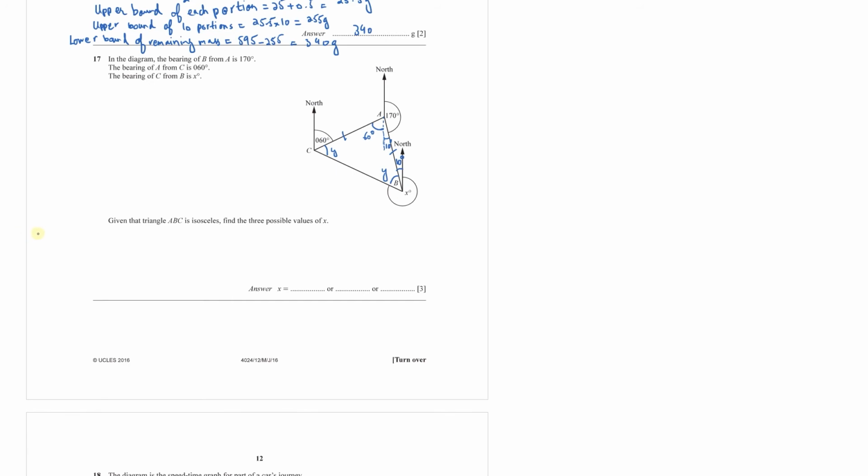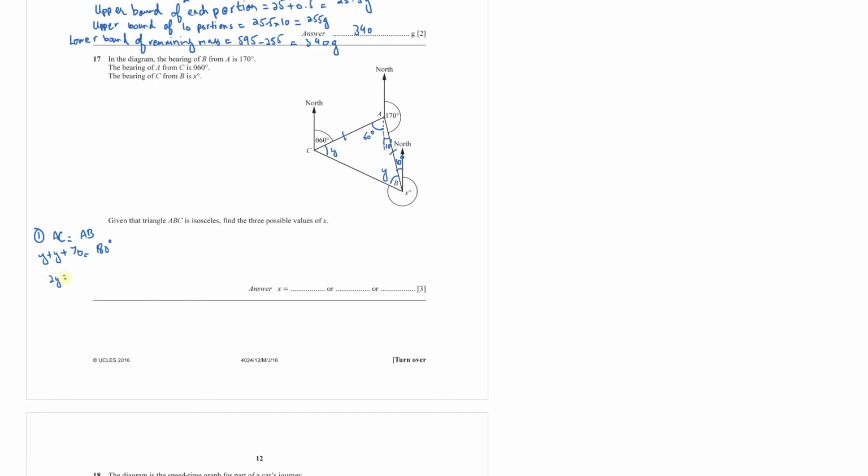Now the first case is when AC equals AB. We get y plus 70, the sum of these two, as the angle A here. Since these three are angles of a triangle, they should sum up to 180 degrees.